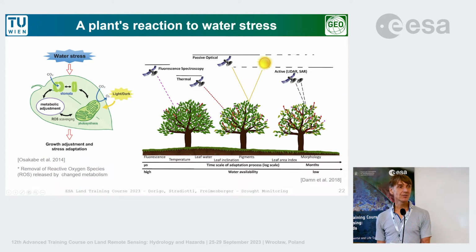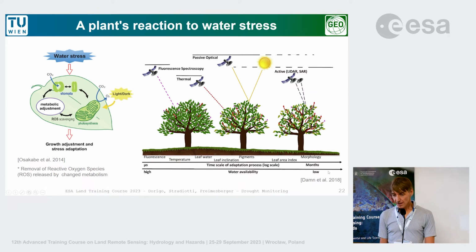So there's a whole range of measurement systems: fluorescence, thermal, passive optical, active optical, which is LiDAR, which gives you information about the structure, SAR, passive microwave, which is not in here. But in all the successive stages of drought impacts, there are different remote sensing technologies that give you information.